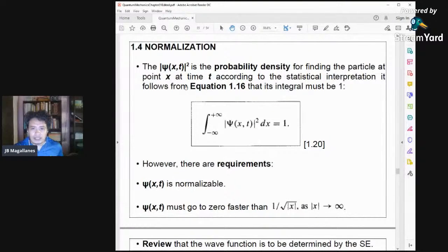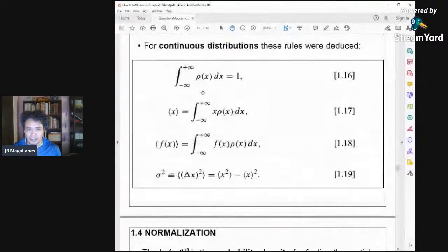If you integrate this from negative infinity to positive infinity, according to Max Born, the integral is supposed to be equal to 1. So this is the probability density dx in place of the rho x here.